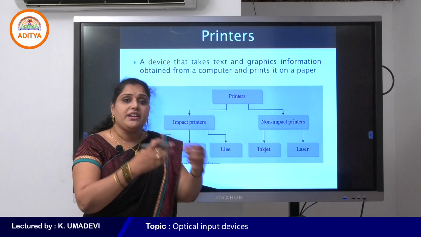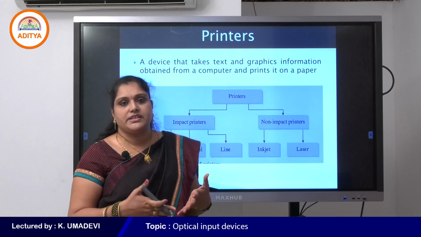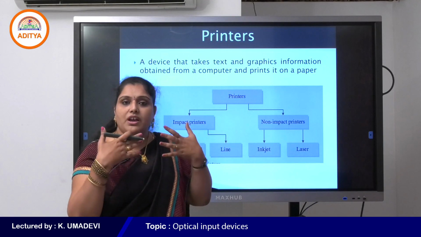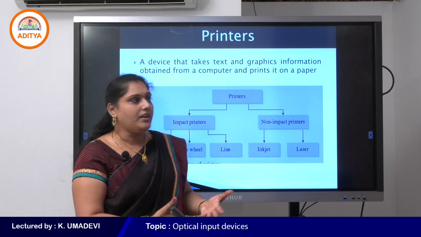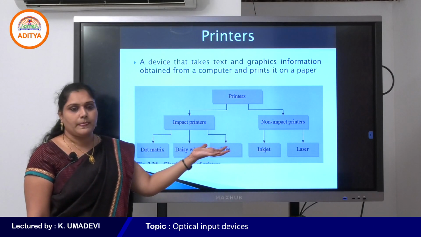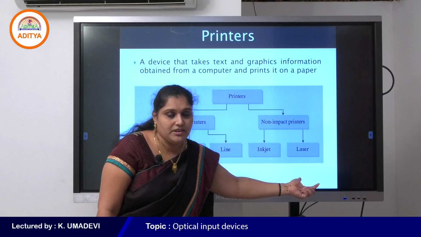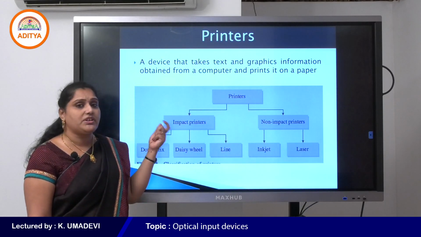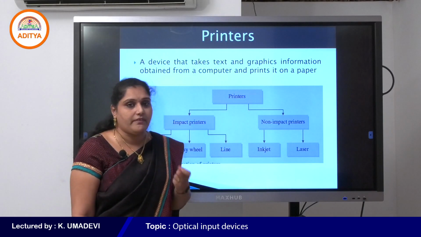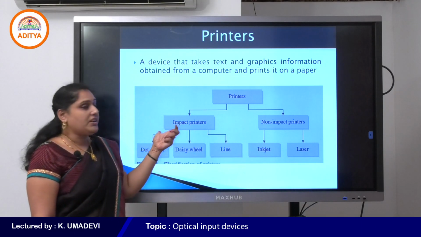But printers are again classified into two types, based on the technology and the quality of printing: impact printers and non-impact printers. Impact printers are older printers, but non-impact printers are available now and are utilized today. So what are the impact printers?